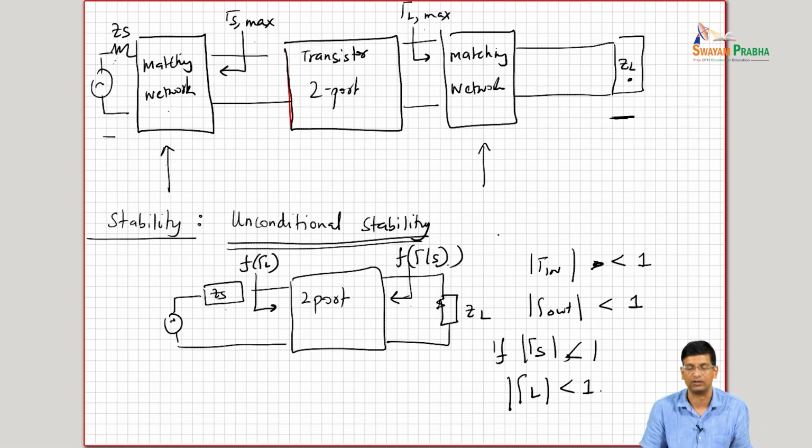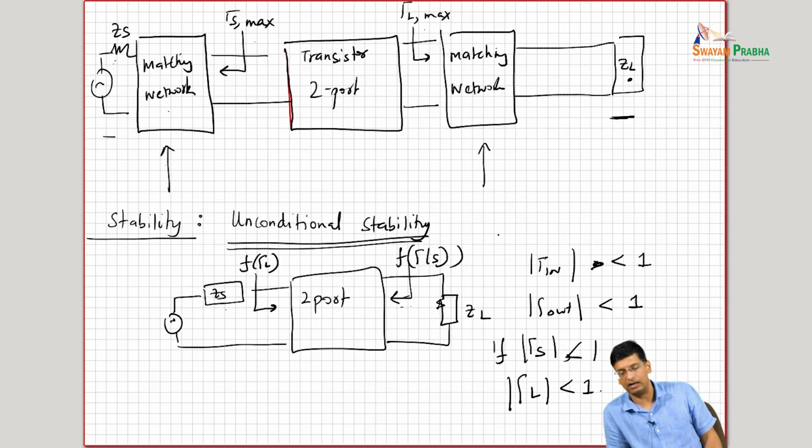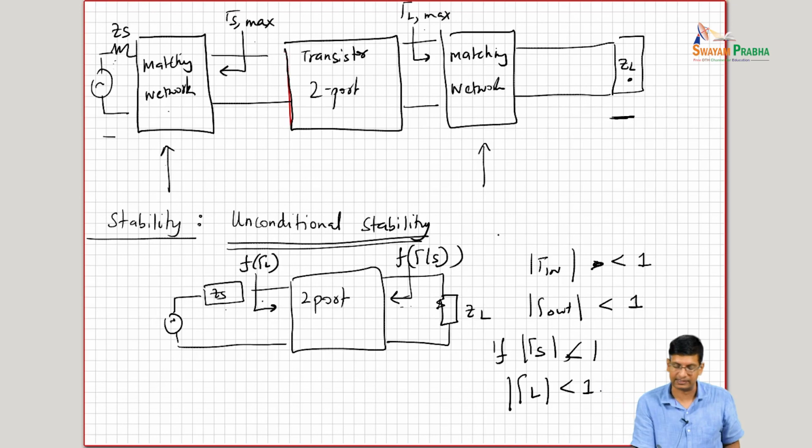The impedance that you see. So no matter what, as long as the absolute value of gamma S is less than 1, the absolute value of gamma out is less than 1. And similarly, the absolute value of gamma in is less than 1, no matter what load impedance we apply. So this is a stability condition, right?